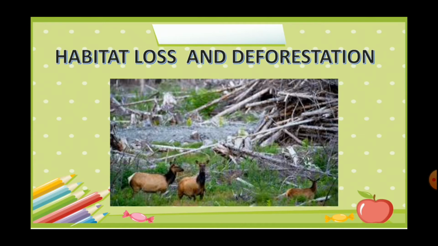So we are snatching the habitat from where they get food and shelter. So deforestation is one cause of the loss of biodiversity, and human beings have played a major role in doing so.